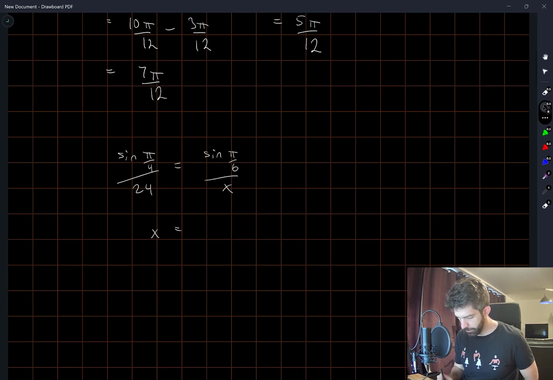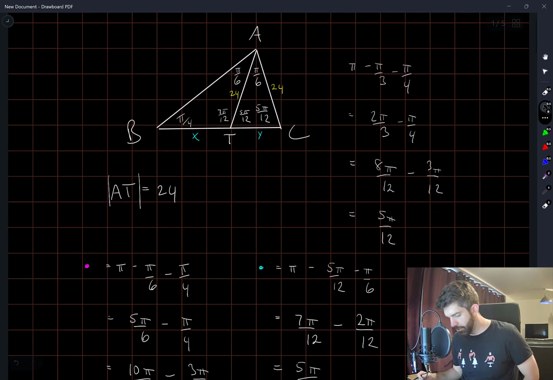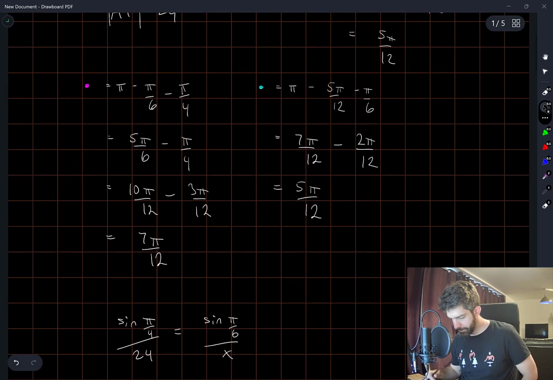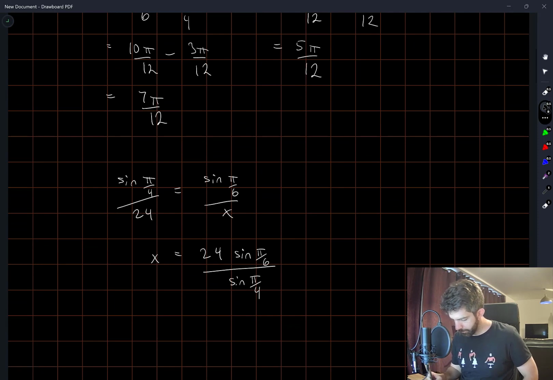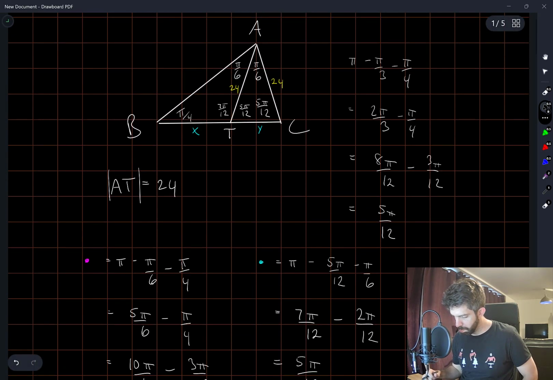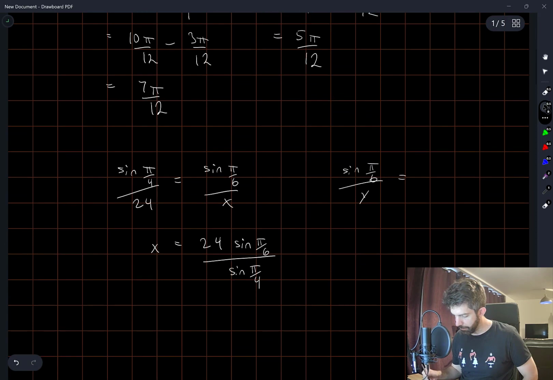So x is equal to 24 sine pi over 6 over sine pi over 4. Come back to what the numerical values of these sines are later. And for y, I should be able to do something similar. Sine pi over 6 divided by y is equal to sine of 5 pi over 12.